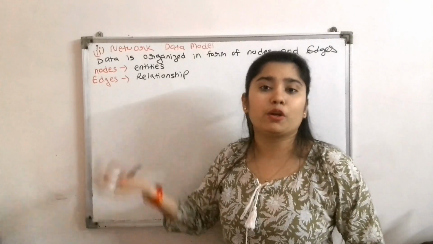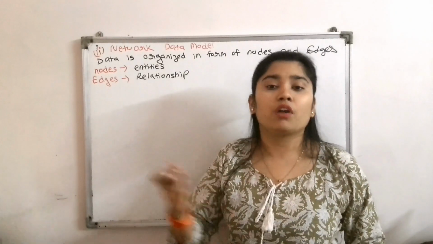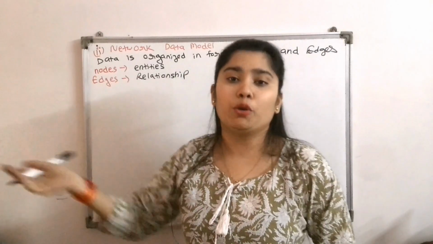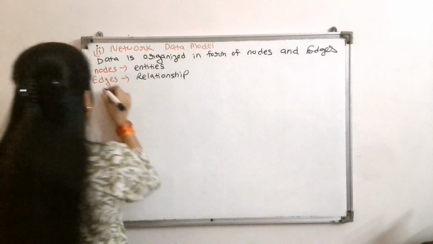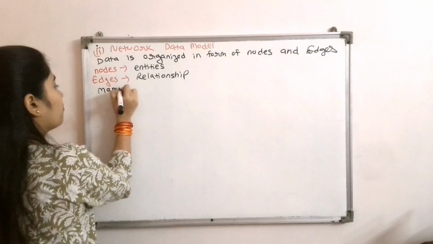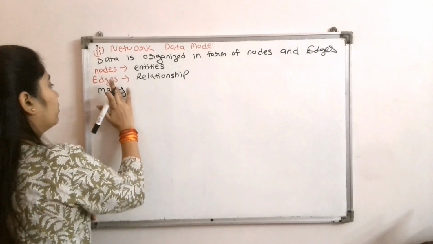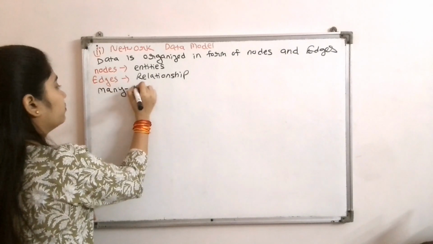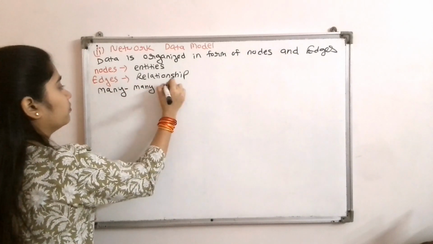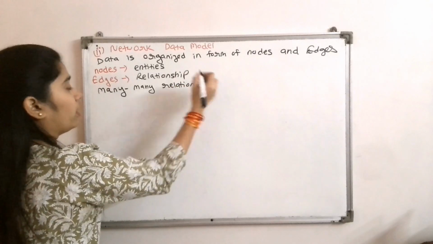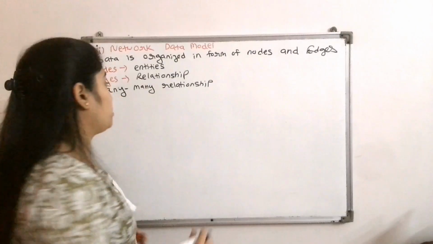So therefore this is the many to many relationship, while the hierarchical, which we have discussed, was the one to many.